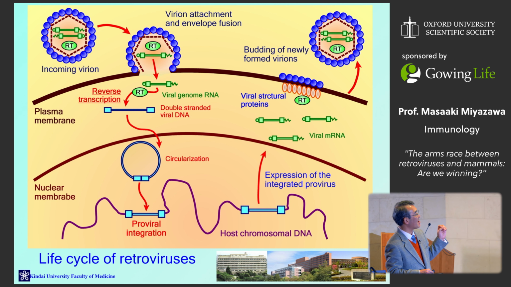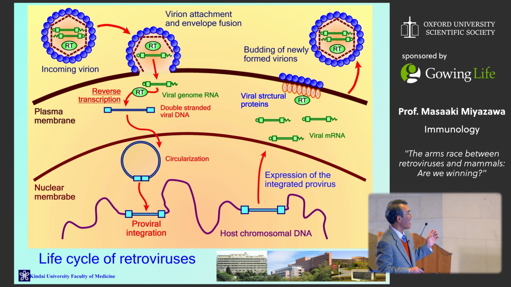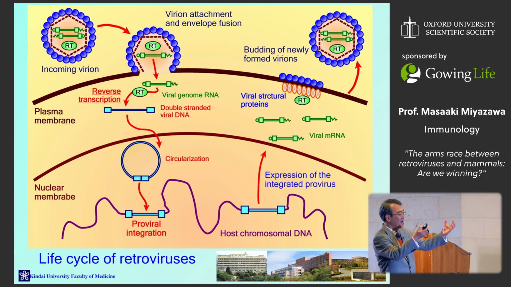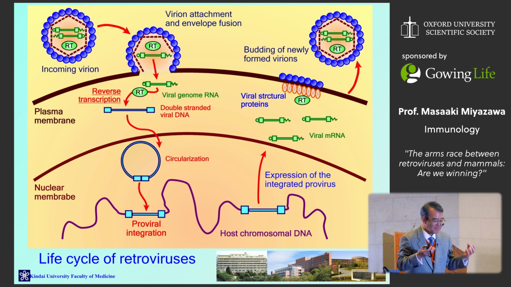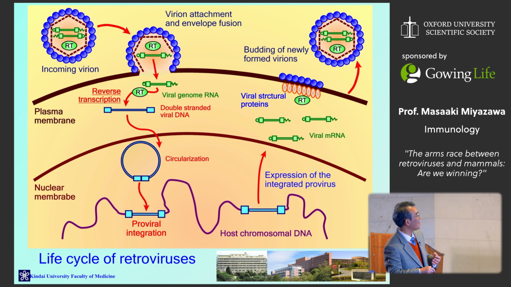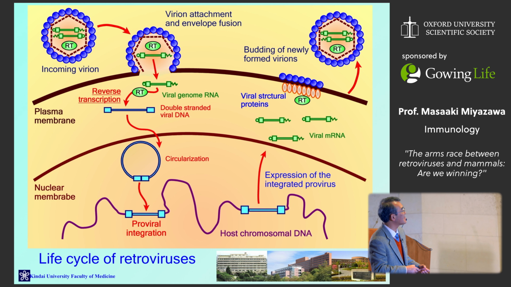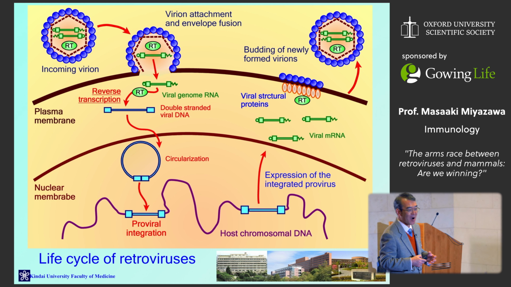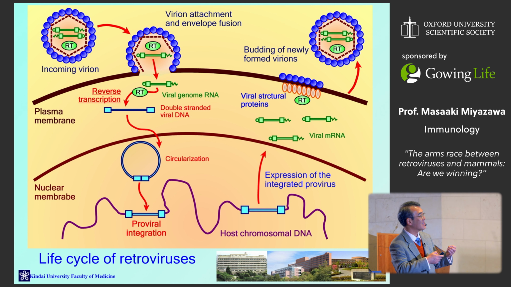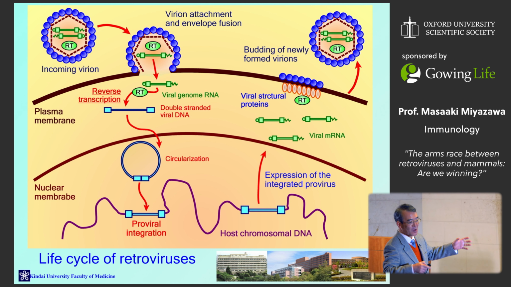The integrated viral DNA is called provirus. So the retrovirus can replicate by hiding in the infected cell genome, depending on the dividing potential of the infected cell itself. And the daughter cells produced from infected cells already contain the proviral DNA integrated into the genome.